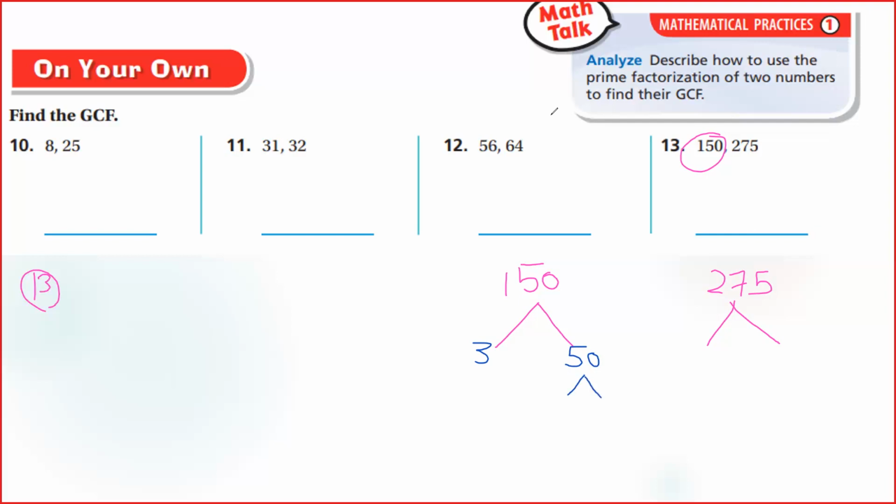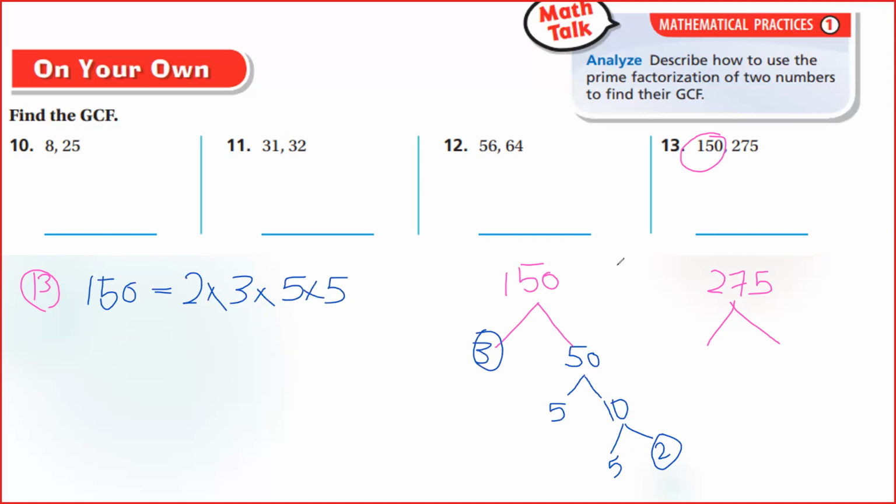Give me two numbers: 5 and 10. And for the 10, 5 and 2. Bravo. So 150 is 2 times 3 times 5 times 5.